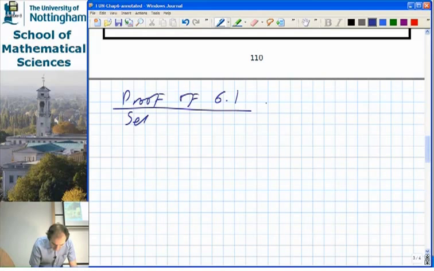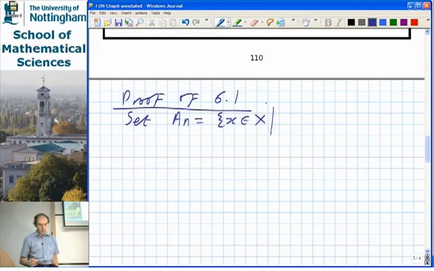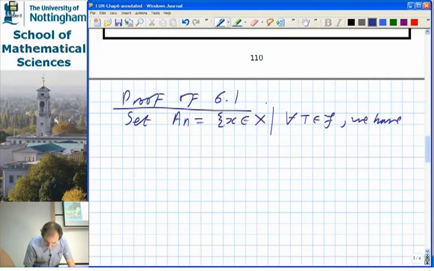We'll set A_n to be those x in X with the following property: that for all T in your family, we have the norm of Tx is less than or equal to n.